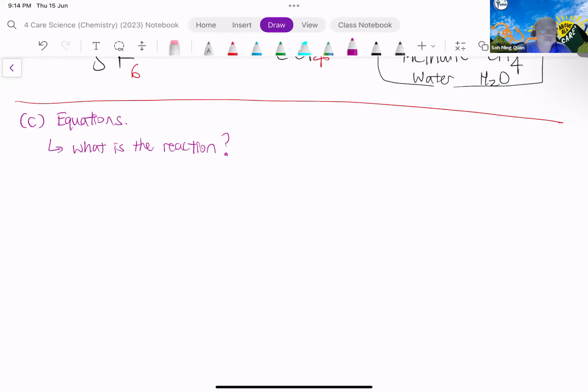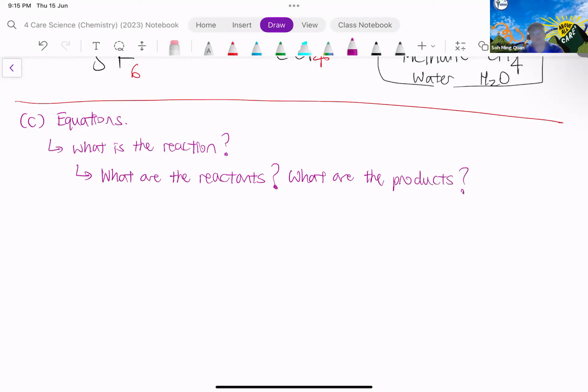Is this an acid plus metal reaction? Is this an acid plus carbonate reaction? You need to know what is the reaction, because if you know what the reaction is, then you know what are the reactants and what are the products. Right? You need to know what do you start with, what do you end with.